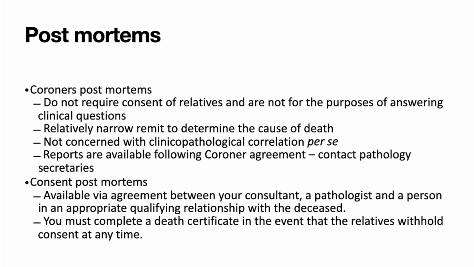And this will take the family member through what a postmortem is, what the purpose of the postmortem might be in this specific case, and will ask them several questions about what they give their consent for or not. You do have to complete a death certificate in this case because the family could withdraw their consent at any time and you still need to be able to issue a death certificate.